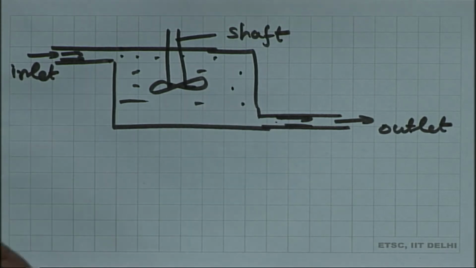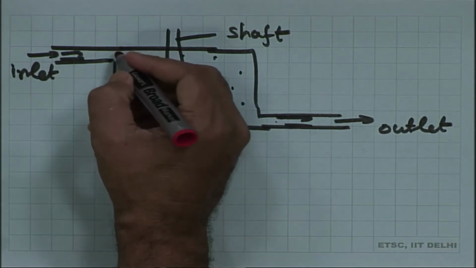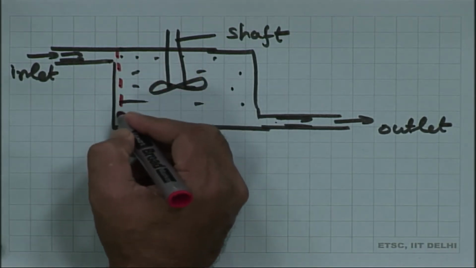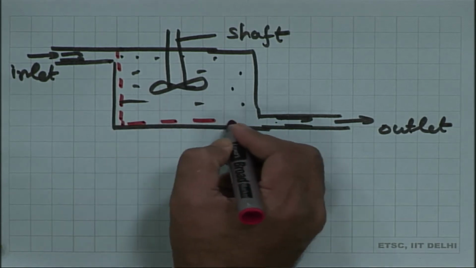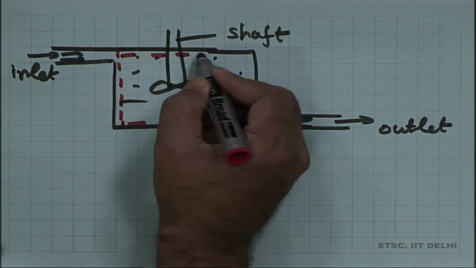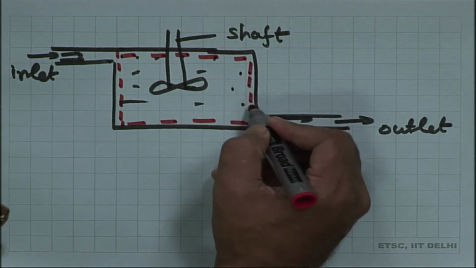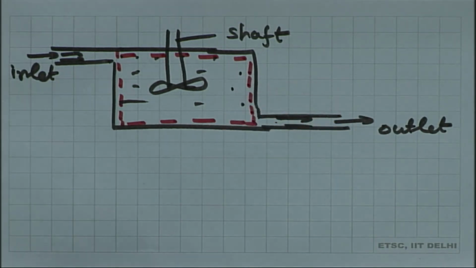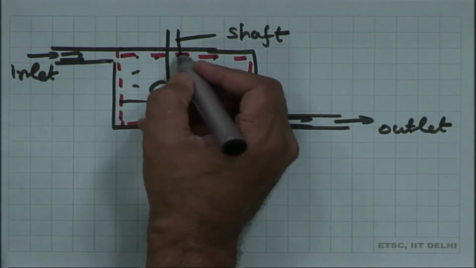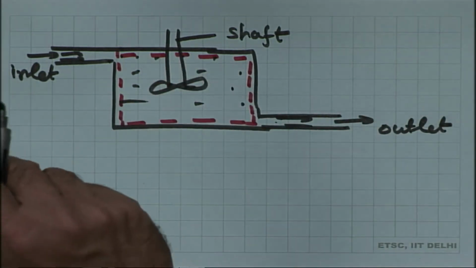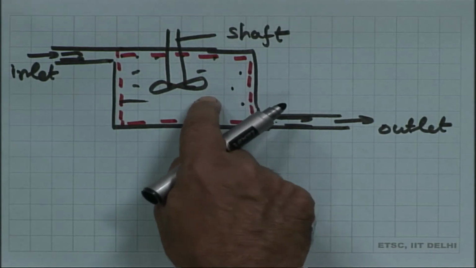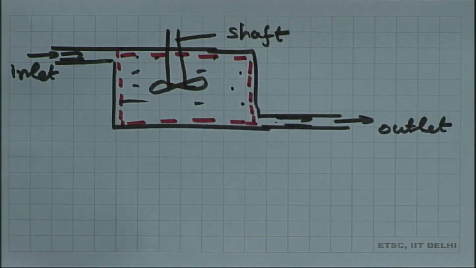The control volume here we will take as this area which is there in the fluid, and somewhere here it is cutting this external body in the control volume, which I am calling a shaft.